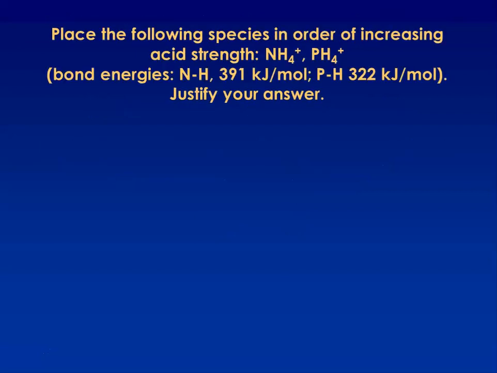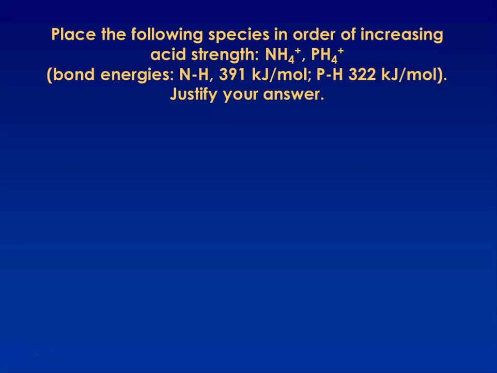And then the final example, we have two acids that are conjugate acids of their bases, NH4 plus and PH4 plus, and we're given the bond energies: NH has an energy of 391 kilojoules per mole and PH has one of 322 kilojoules per mole. Acids again want to donate protons, and to break that NH bond you would need 391 kilojoules, while to break a PH bond you would need 322 kilojoules.